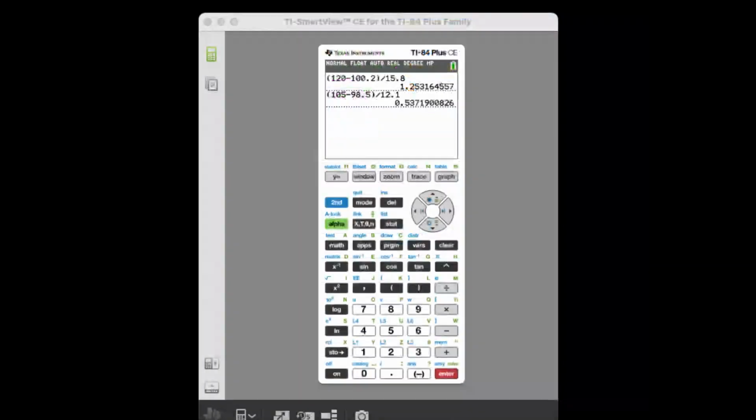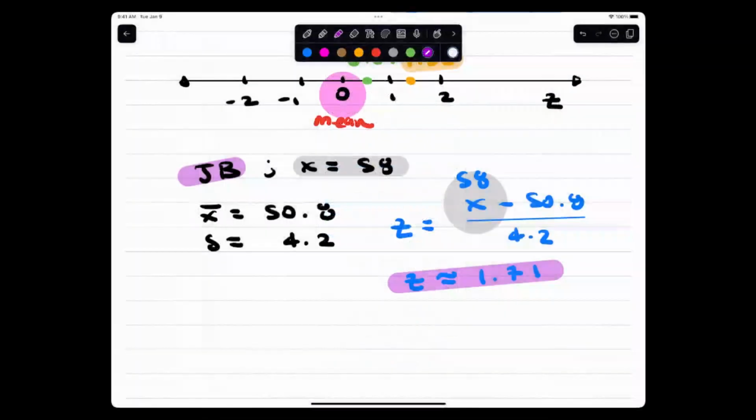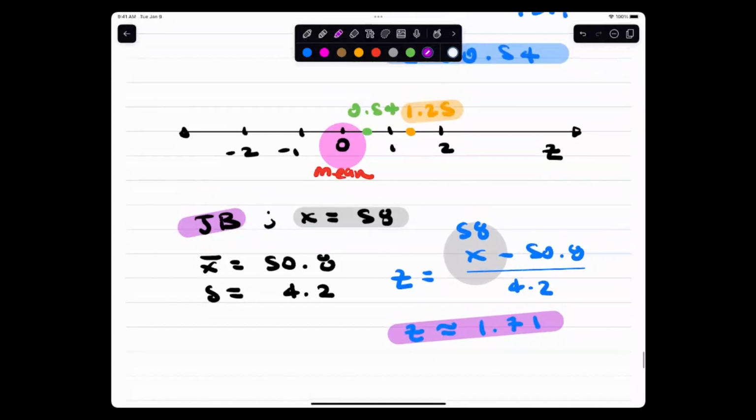Now, Justin Bieber, 58. 58 minus 50.8 divided by 4.2. What do you get? 1.71.